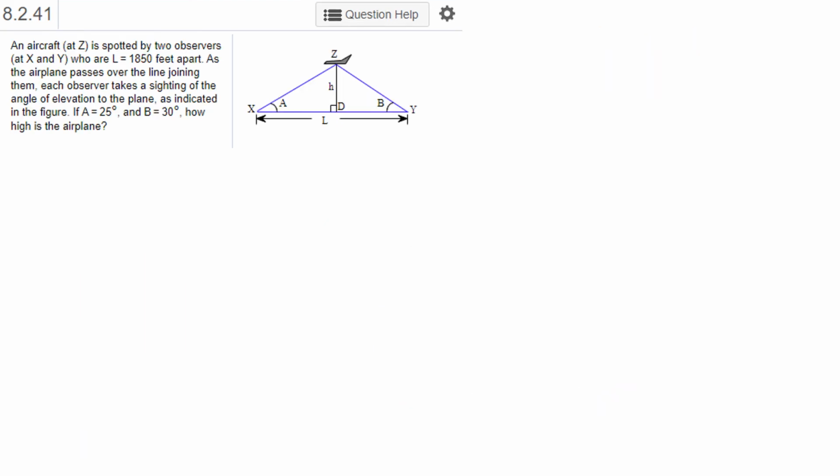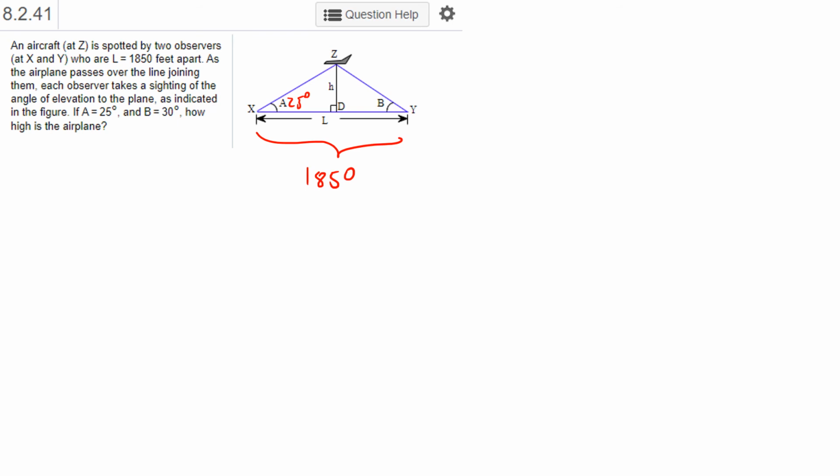All right. Another diagram picture. We've got an airplane at the point Z, spotted by two observers at X and Y, who happen to know that they are 1,815 feet apart. So this entire distance is 1,850. Each observer takes a sighting of angle of elevation. The angle at A, corresponding to our observer X, is 25 degrees.